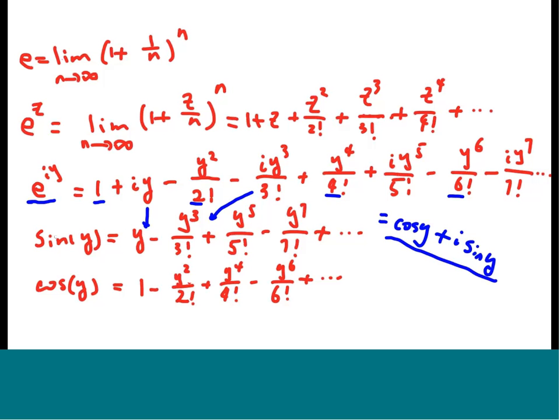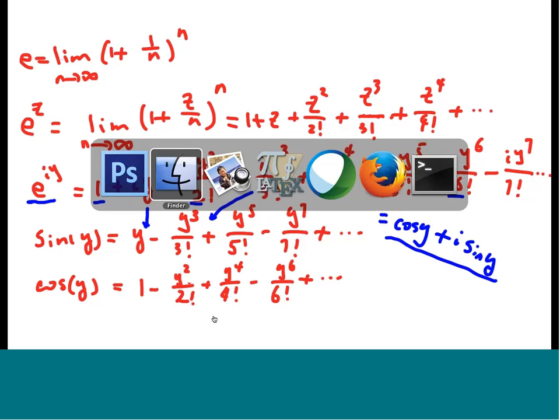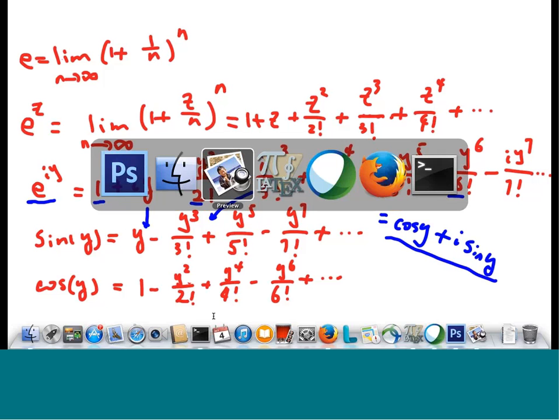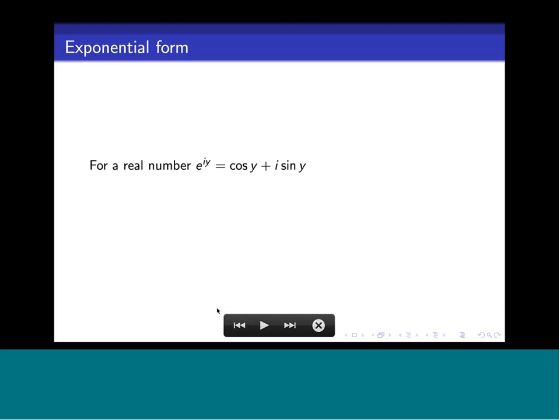That's about it. But this is a super important formula, very, very handy.